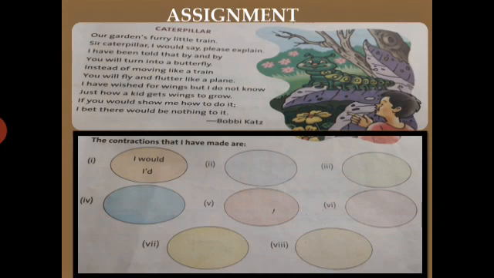The words that are joined together, you will write there, and after that you will write their contraction form in the space given below. First of all you will write down the poem in your notebook, and after that make such circles and blurbs, read carefully and solve your questions.